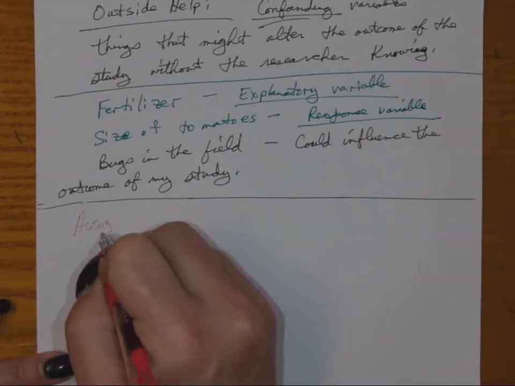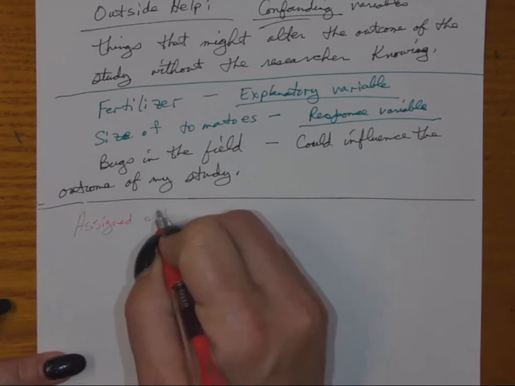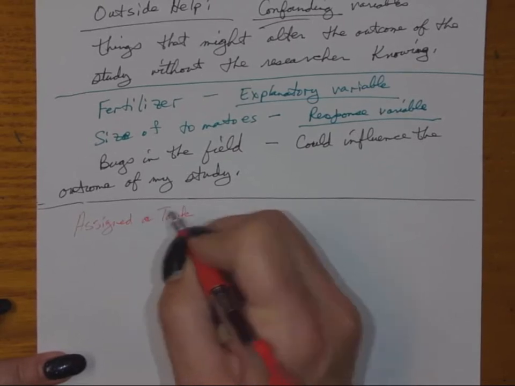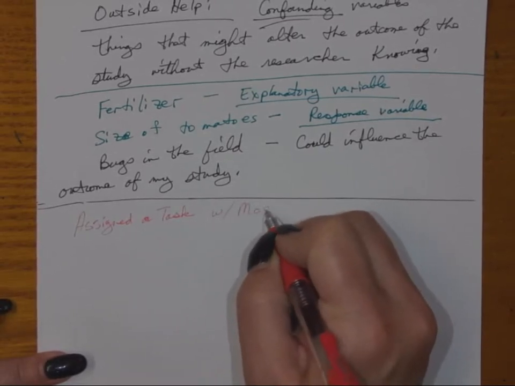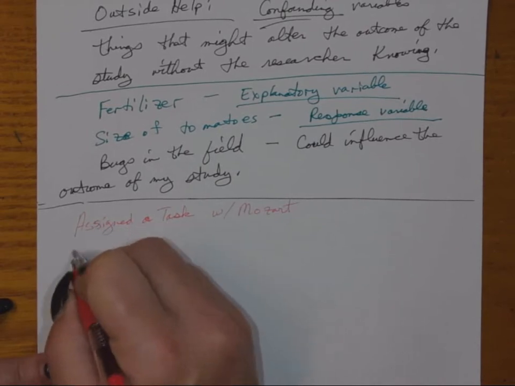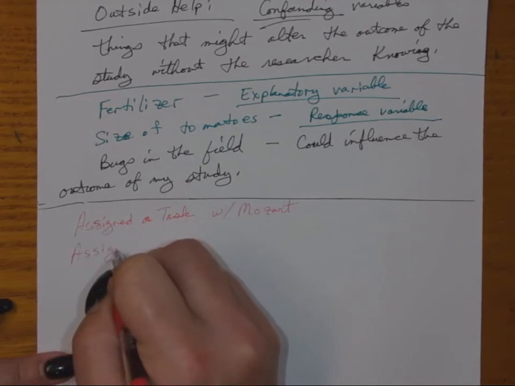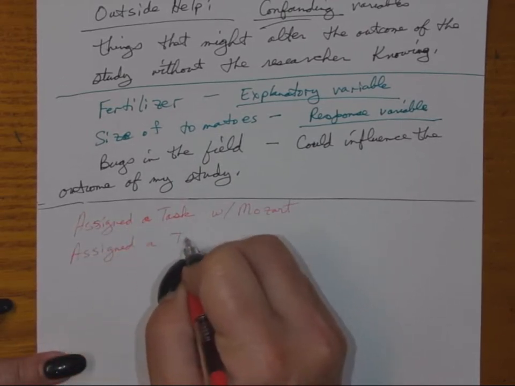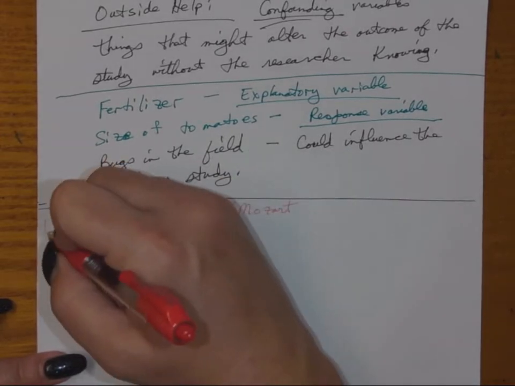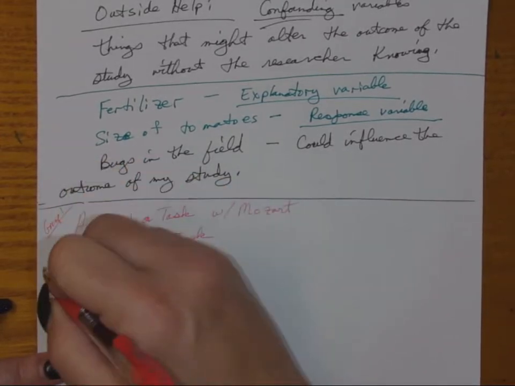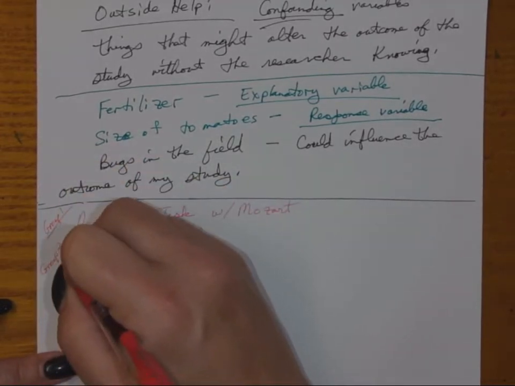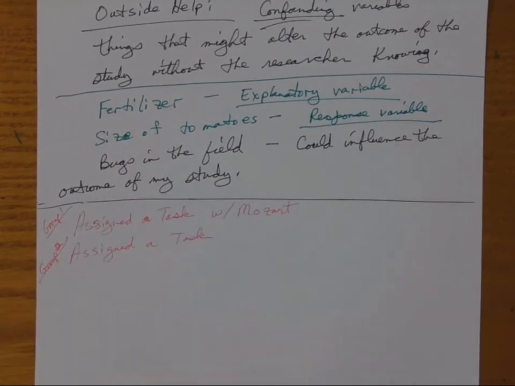Assign a task with Mozart, and then the other group was just assigned a task. Okay, group 1 and group 2. So we take our sample, we split them up, we have a group that's going to be listening to Mozart while they're assigned a task, and we have a group that's not going to be listening to Mozart.